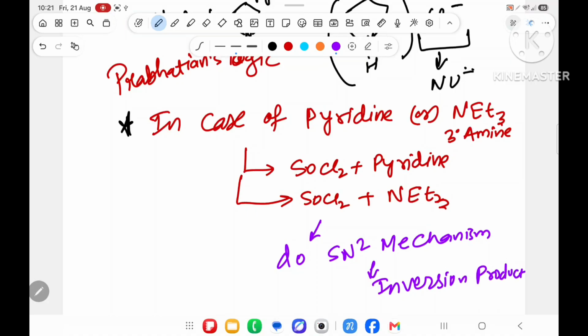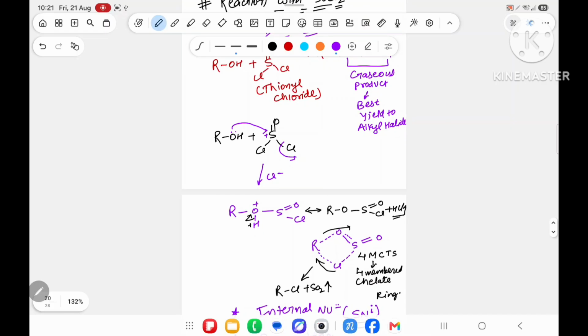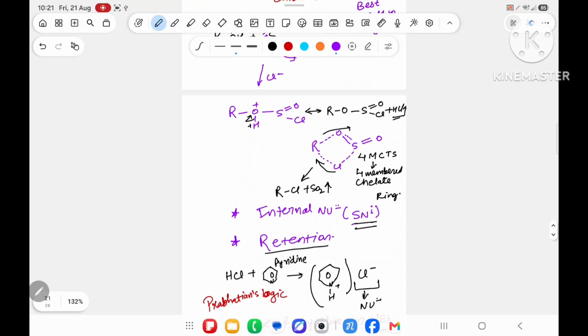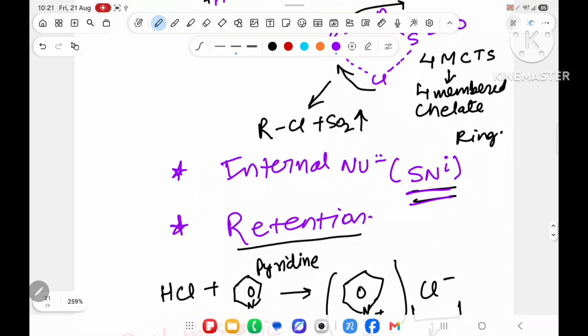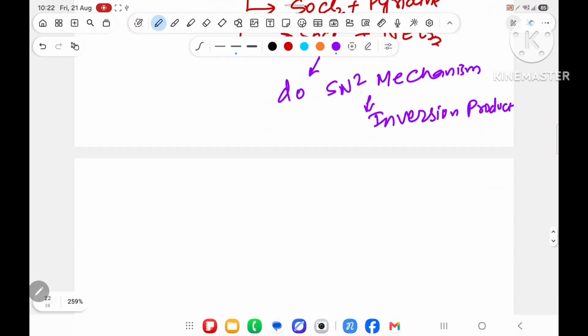Means if Darzens' method is only with SOCl2, then it will give the retention product by SNi mechanism. But if you use SOCl2 plus pyridine or SOCl2 plus NEt3, the name is the same, Darzens' method, but it will follow the SN2 mechanism and give the inversion product.